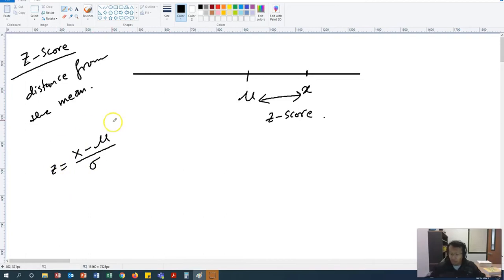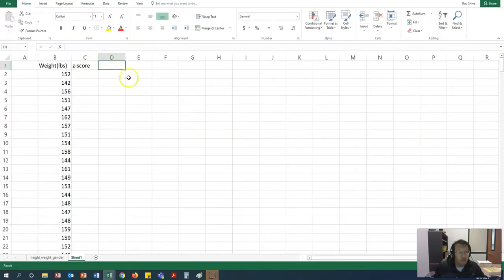I'll be using that formula in there. Similarly, let me write z-score using Excel, and see how they match.